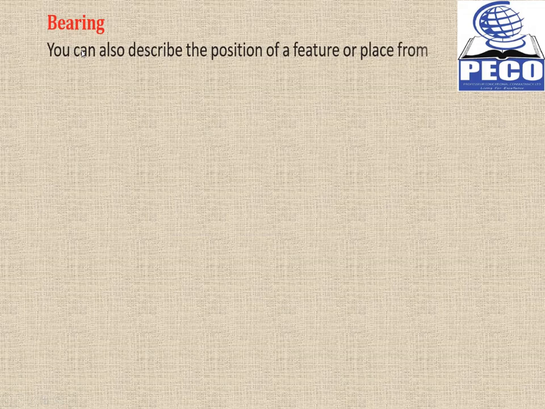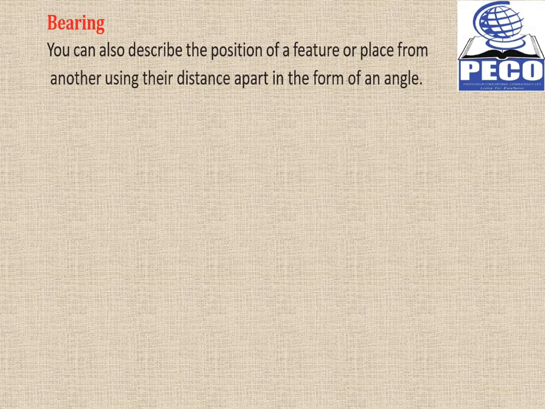3, we can locate places using another method of bearing. So you can describe the position of a feature or place from another using their distance apart, but in form of angles. So bearing is the distance from one place to another in degrees.